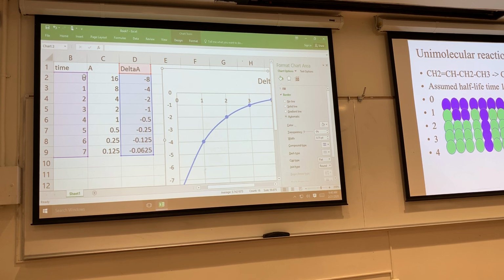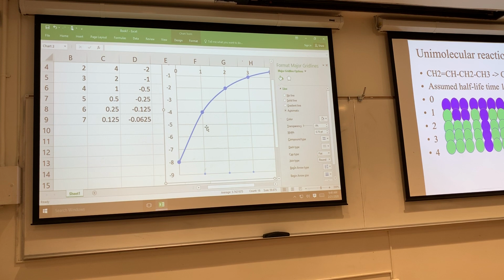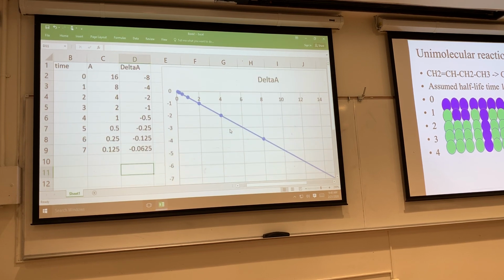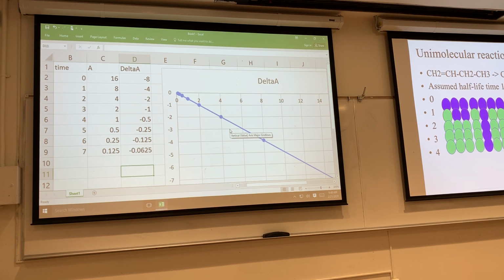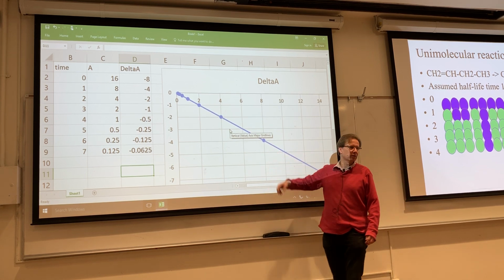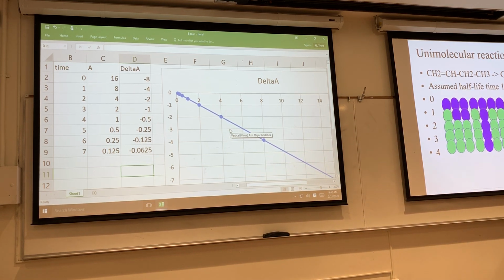If we put on the x-axis now the concentration of A, and on the y-axis we put delta A, then we can see that we get a linear dependence out of this.